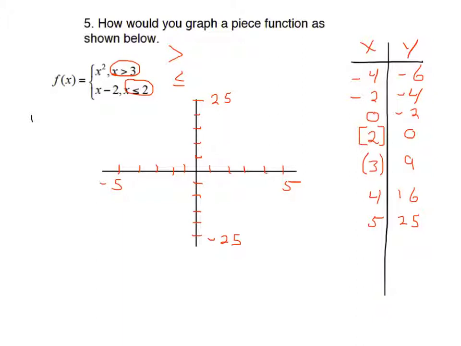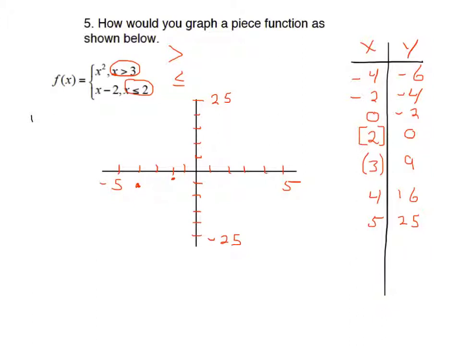Looking over here, I'm at negative 4, and I'm going to go down to negative 6. So it's going to be approximately right there. Then I'm at negative 2, and it's at negative 4, so it's approximately right there.